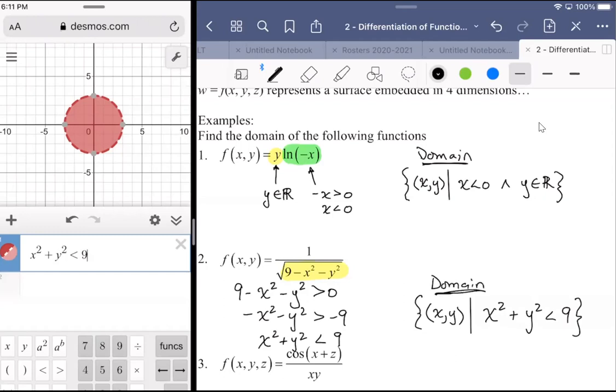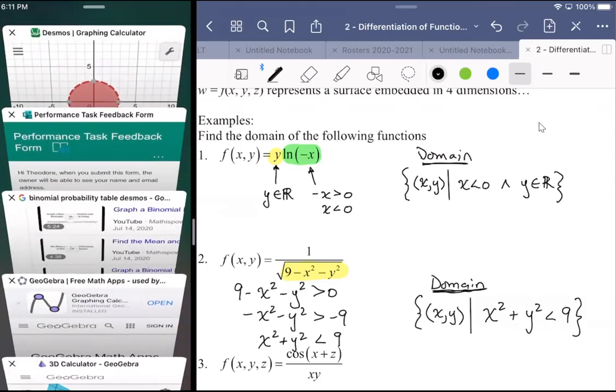So my domain is that I have the two variables x and y, but specifically in the case that the sum of the squared values is less than 9. Right. We can take a look at the picture.